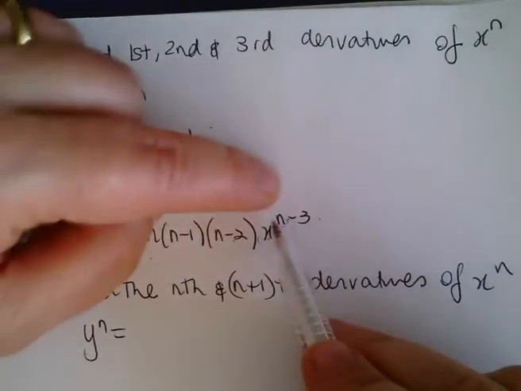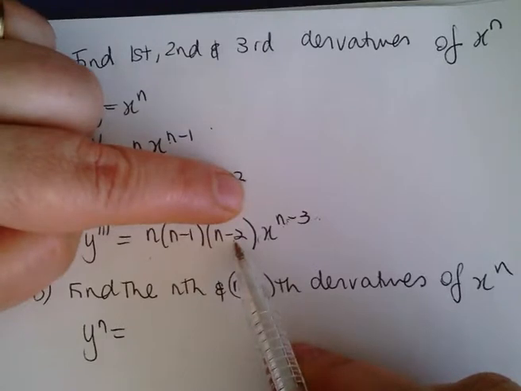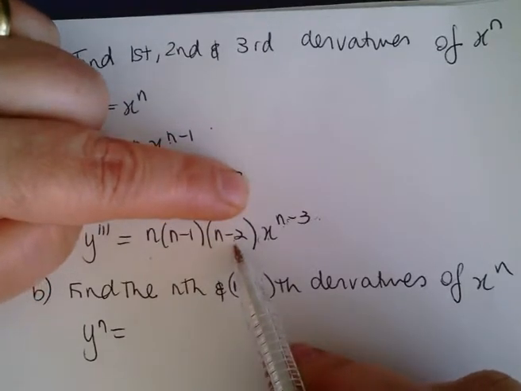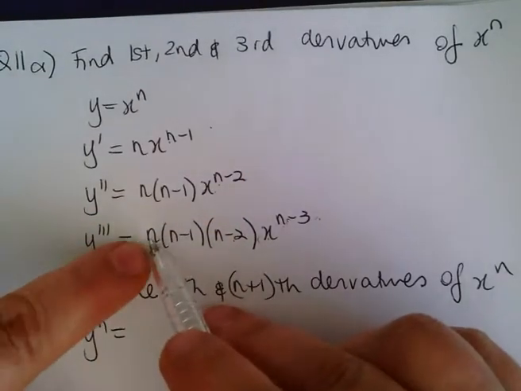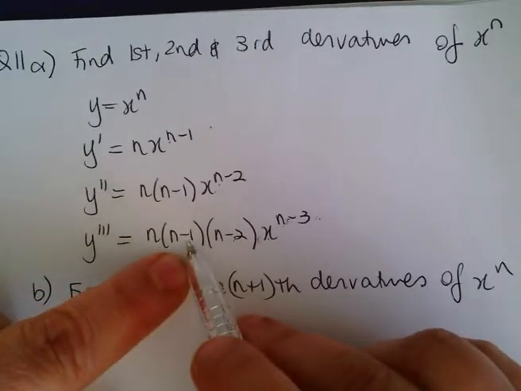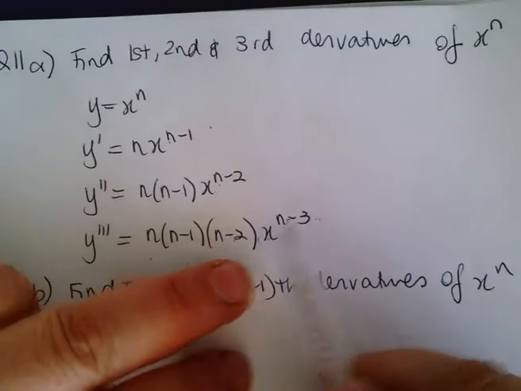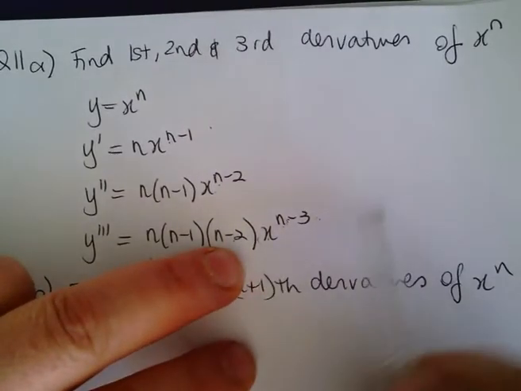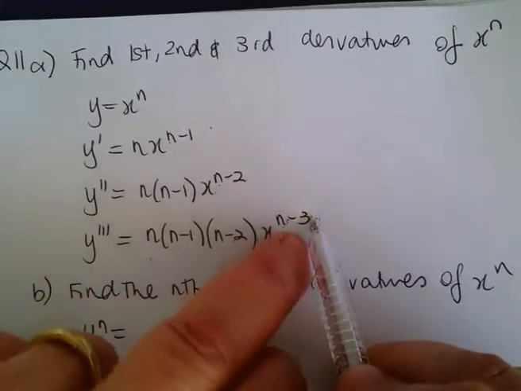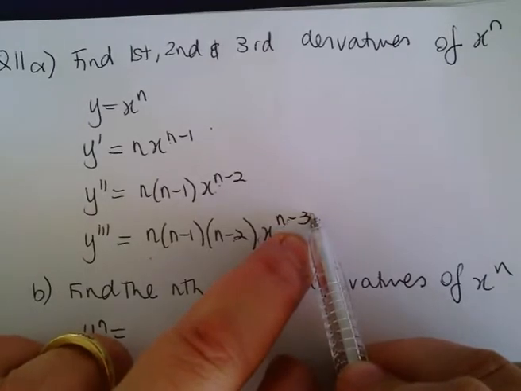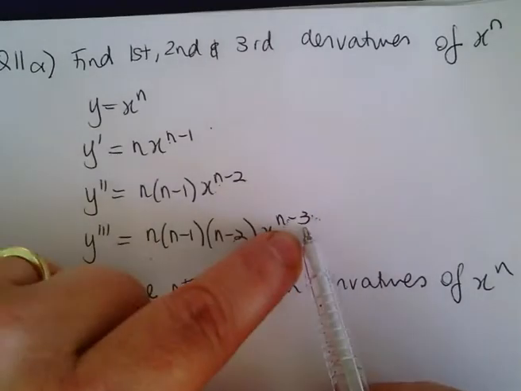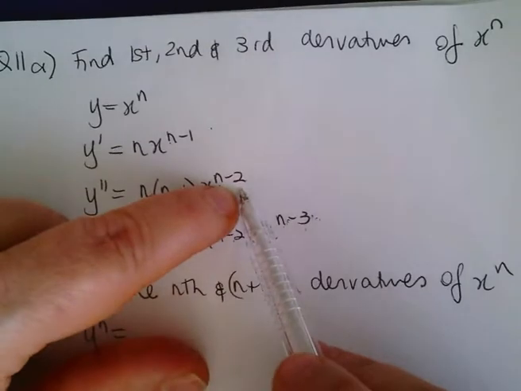Because look, this is n minus 3, and that's one number less than 3 is the last one. So yes, it's going to be multiplied by n minus 1, by n minus 2, let's keep going. But the last one should be n minus 1 smaller than that 3. Third derivative is n minus 3. Second derivative is n minus 2.